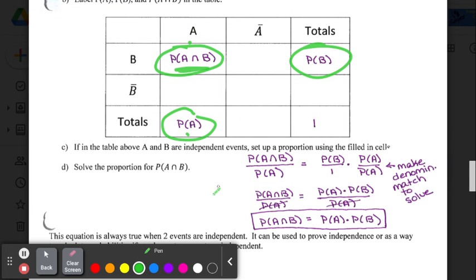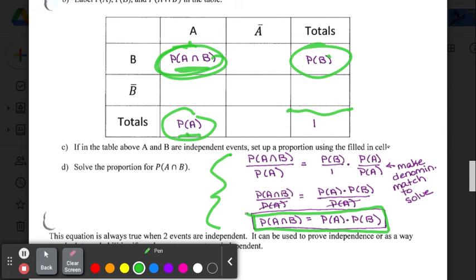So what I did over here was I set up a proportion. So the probability of both over the probability of A, and then probability of B over 1. And I solved my little proportion, and I got this.